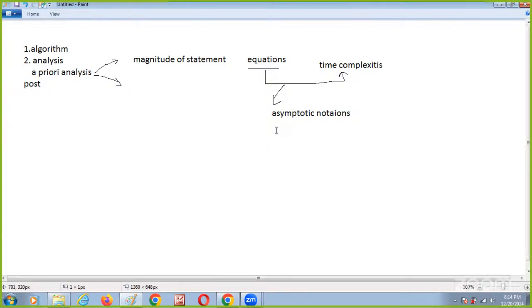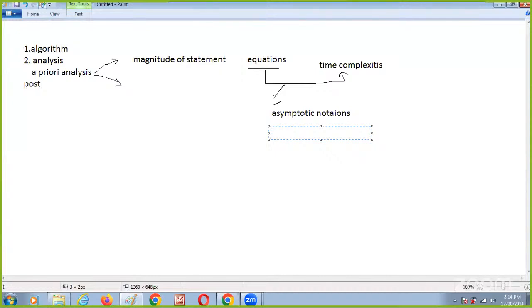We have already seen the big O notation, big omega notation, theta notation, and also not only big O, we have small o and small omega notations.